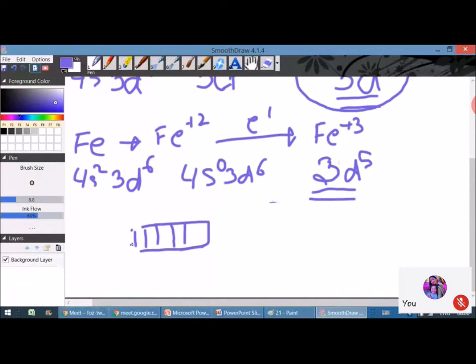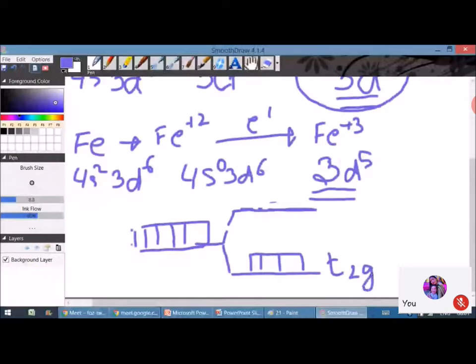But when we go to coordination chemistry, we will learn something new, like splitting of d orbitals. The d orbitals split when forming complexes into two sets, one is the t2g set and the other is the eg set. I will teach you the details later.